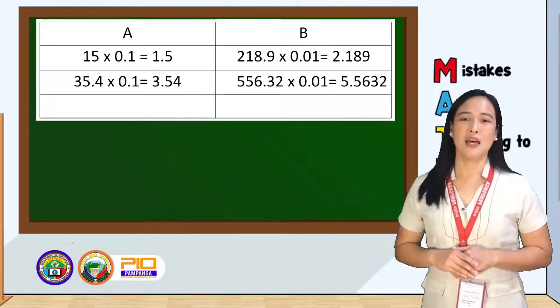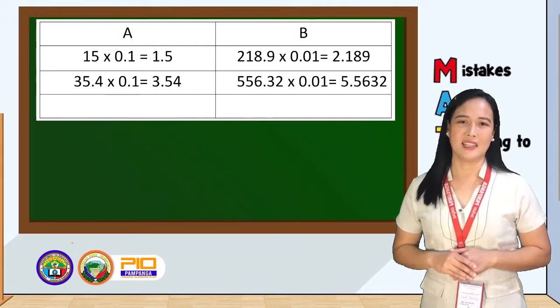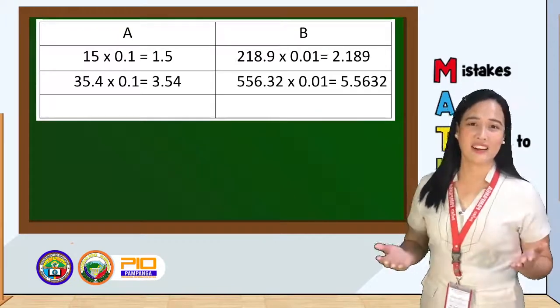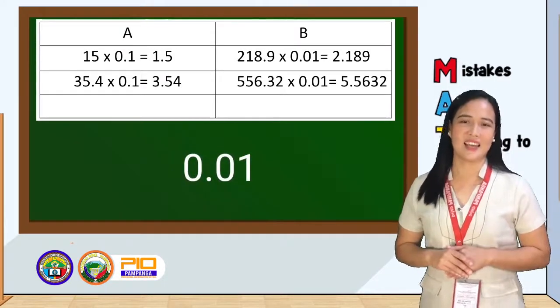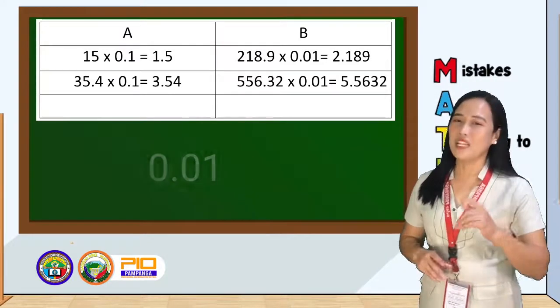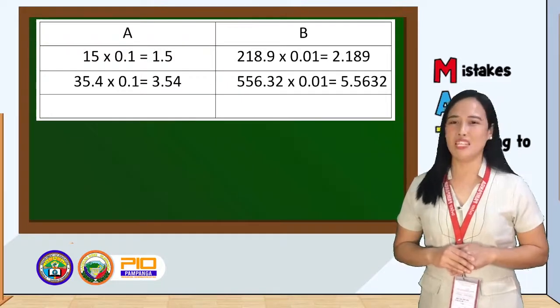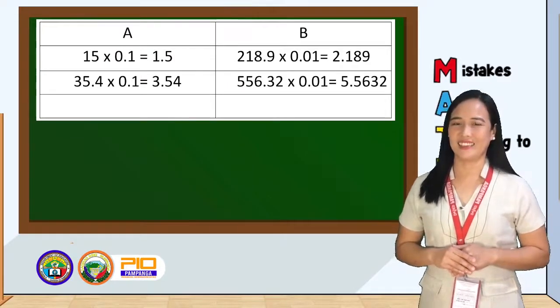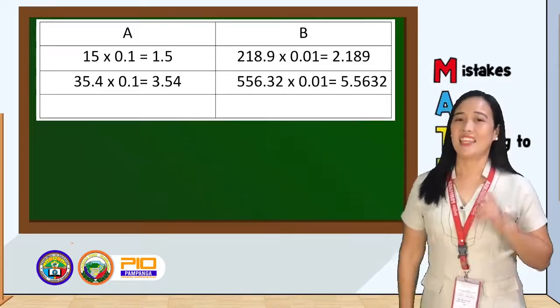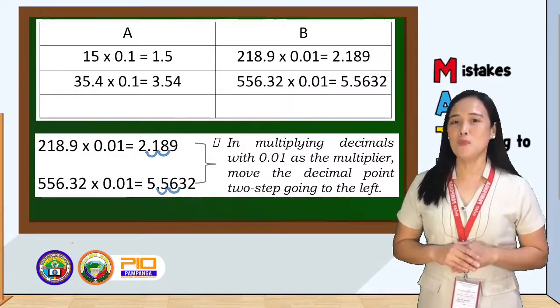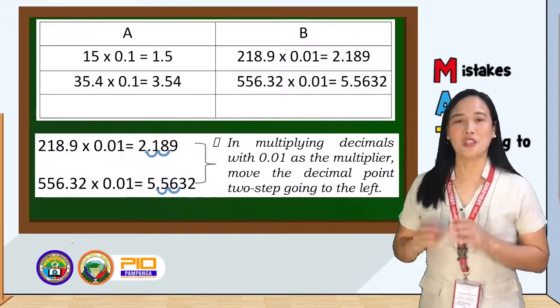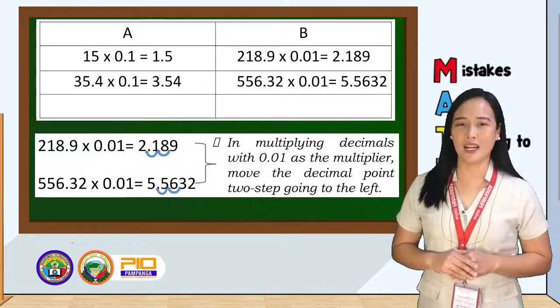Now, let us have the equations in column B. What is our multiplier? Yes, it's hundredths. Now, how many times will we move the decimal point? Yes, this time we will move the decimal point 2 places going to the left to find the product.